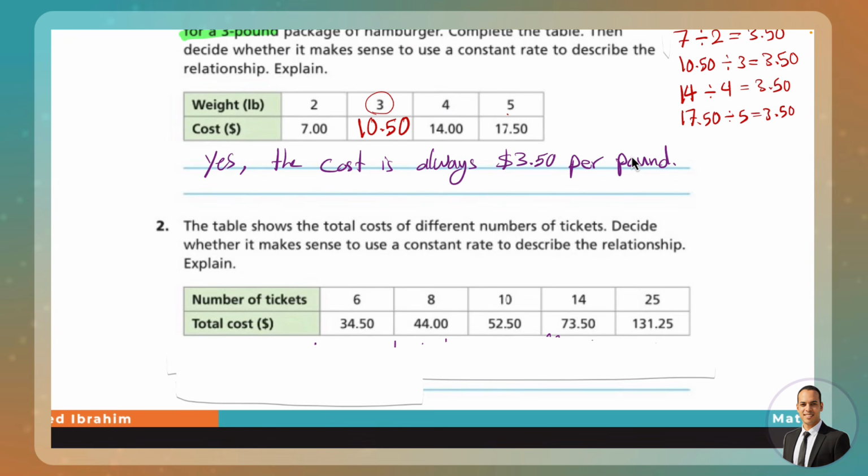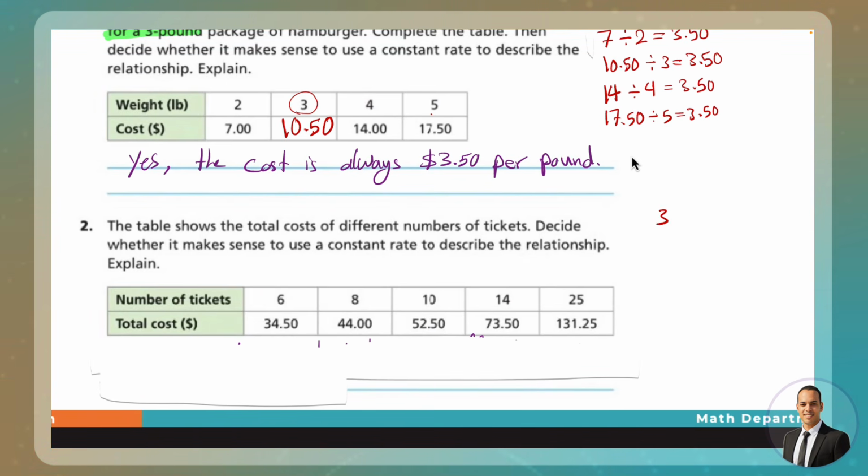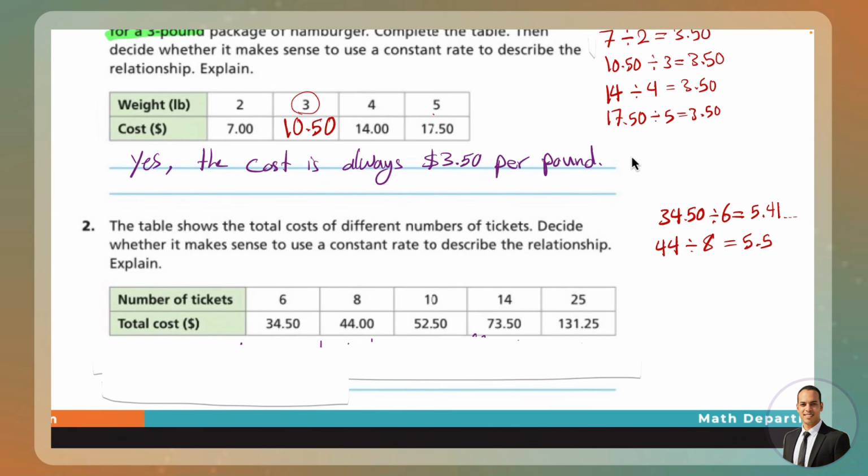We can divide to check if it's the same price for every ticket or not. So for example, 6 tickets cost 34.50. So I divided 34.50 by 6. I got 5.416666. And I divided 44 by 8, and it's equal to 5.5.